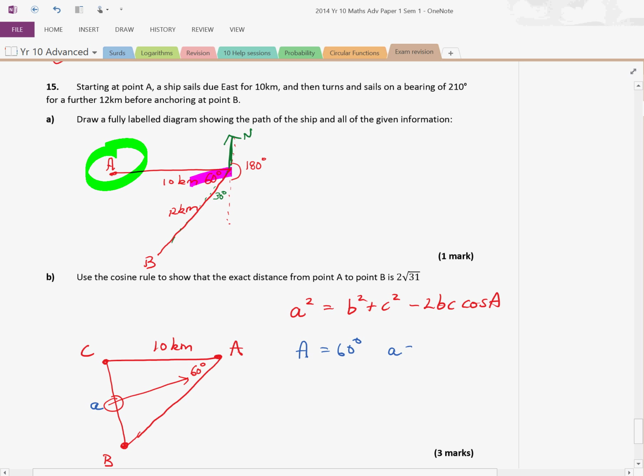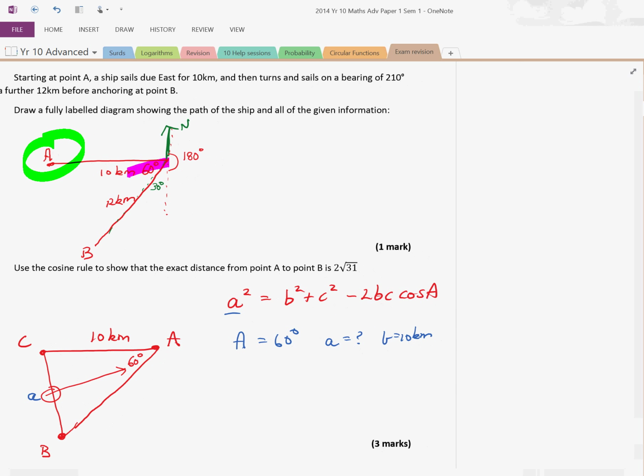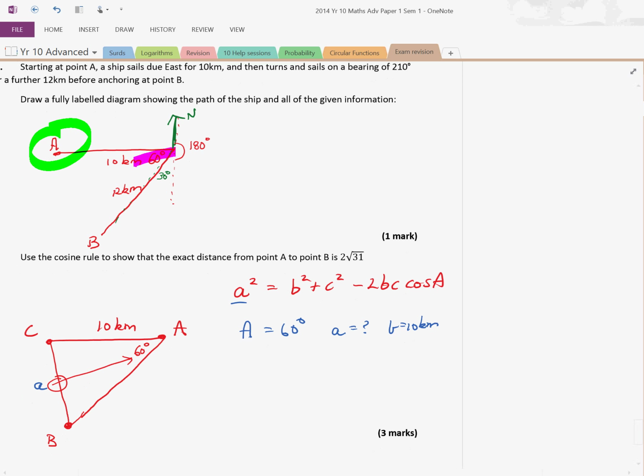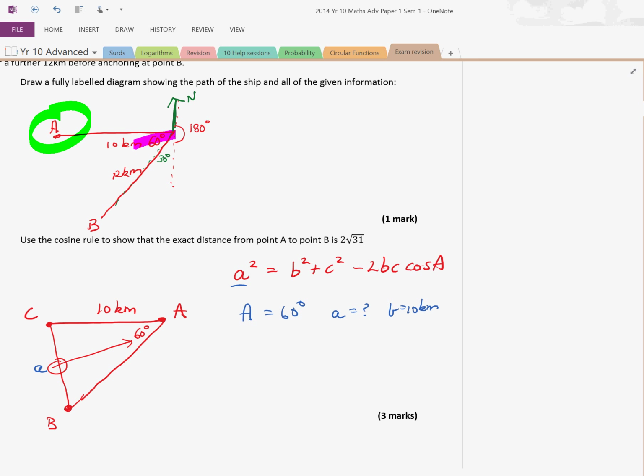Little b is equal to 10 kilometres. And I would probably give you a mark if you wrote all that out and made some calculation error, so don't skip steps. And little c is equal to 12 kilometres, because we were told that we went 12 kilometres from point A to some other point.